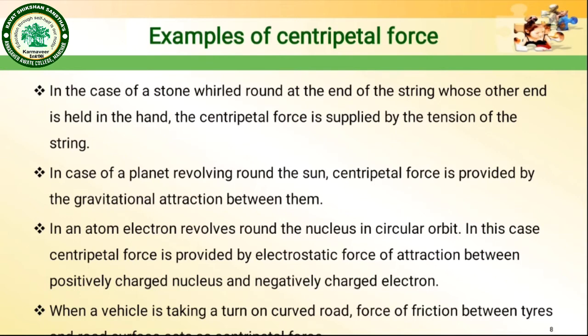Another example is a planet revolving round the sun, which is connected with an unseen string, that is gravitational force. In an atom, an electron revolves round the nucleus in a circular orbit. In this case, centripetal force is provided by the electrostatic force of attraction between the positively charged nucleus and the negatively charged electron.